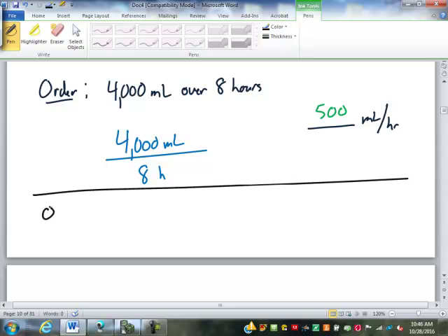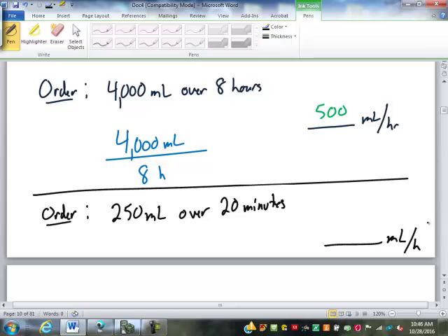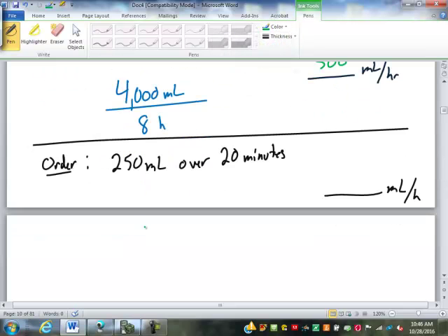A little bit trickier might be to order 250 milliliters over 20 minutes, and I want my flow rate in milliliters per hour. Well, that's 250 milliliters over 20 minutes.